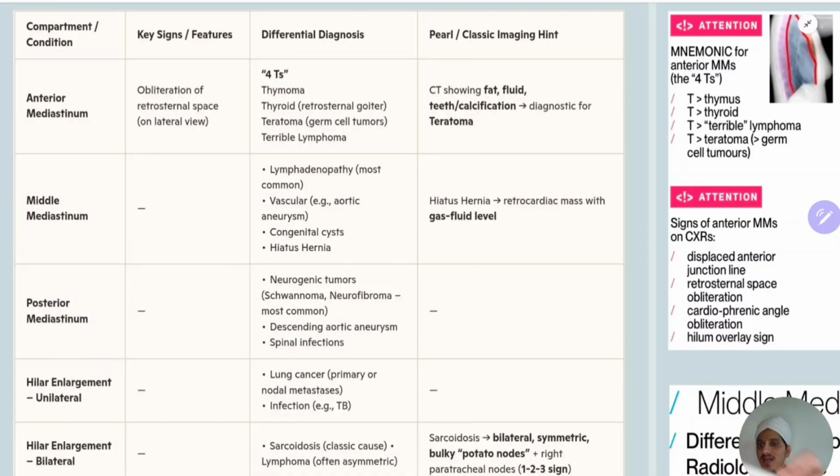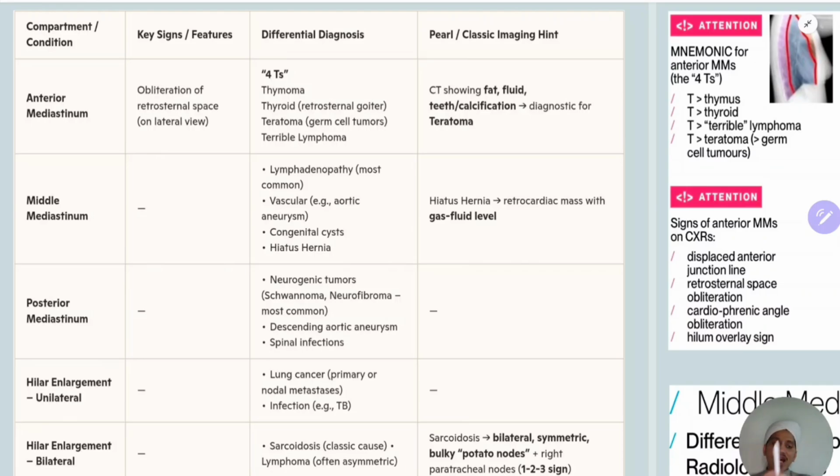Now coming to hilar enlargement. Hilar enlargement can be unilateral or bilateral. You will see it as filling of the hila, and it will not have a smooth contour like a mass, but small discrete opacities filling in the hila.